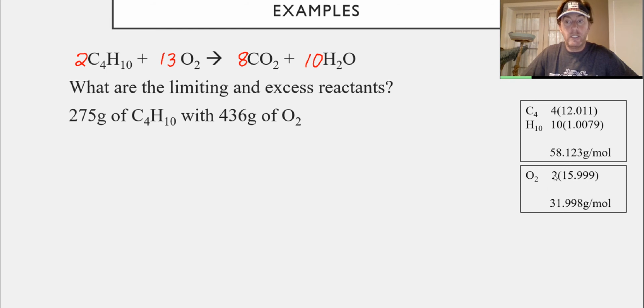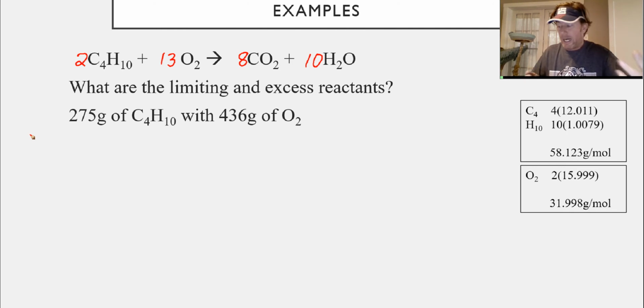And oxygen is going to be 31.998 grams per mole. So using that information now, I'm going to pick one of these. Flip a coin, whatever. It doesn't matter which one you start with. You pick one of them to compare it to the other so you can know which one is the limiting reactant and which one's the excess reactant.